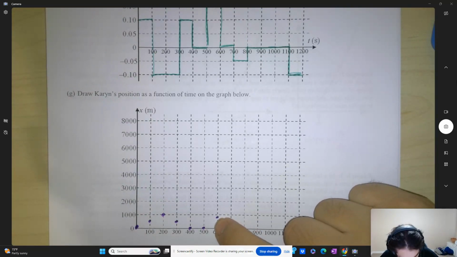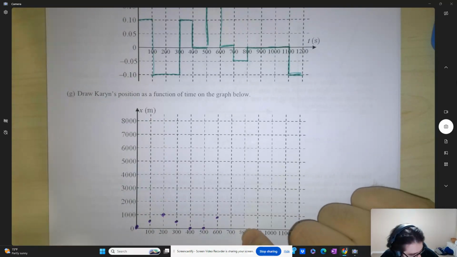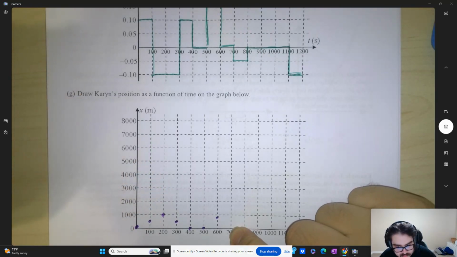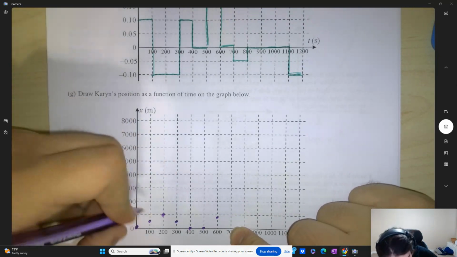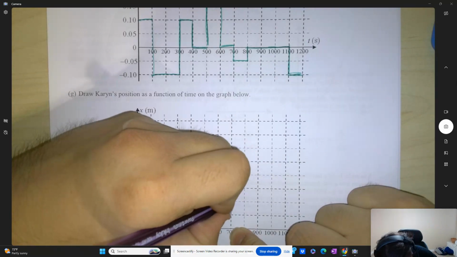We're at 750. We add to that the 1500. Okay. So add to that 1500. Okay, 750 plus the 1500. So that's 2250. Okay, 2250, which is about right there.